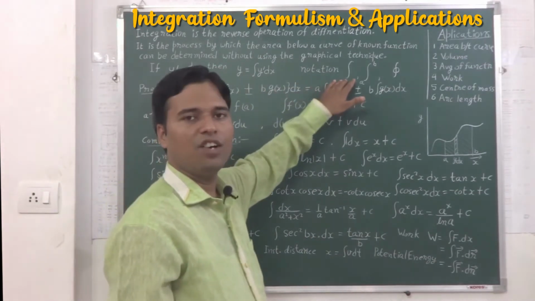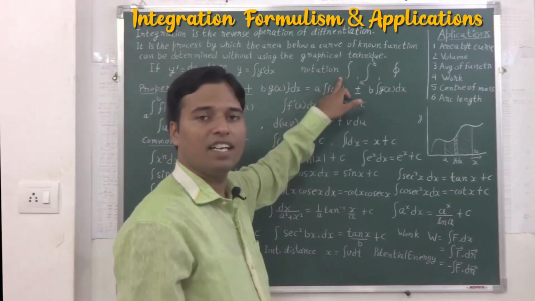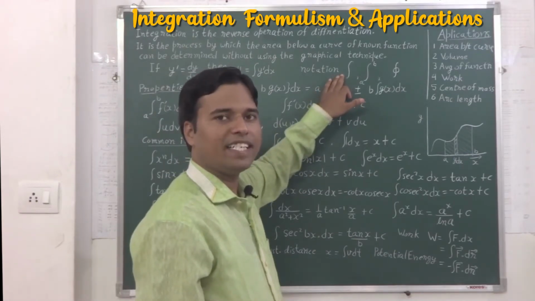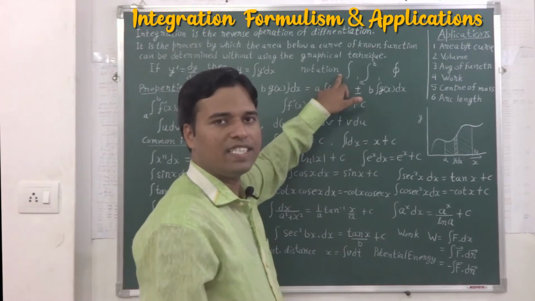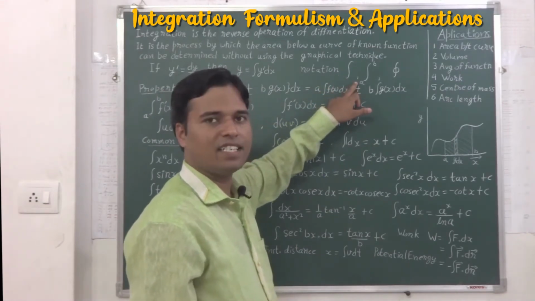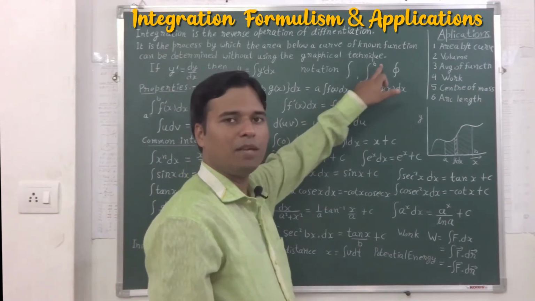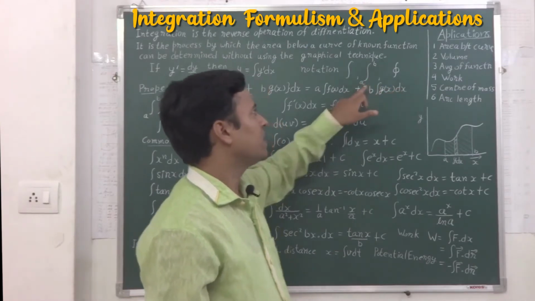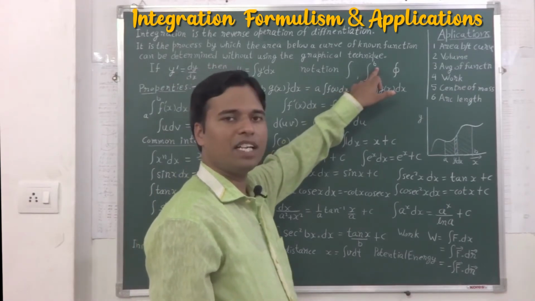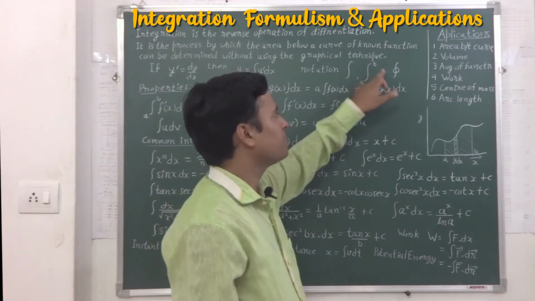The notation for integration is very similar to the capital English letter S. For an open integral, you use only this sign. For integration with limits, you use the limits below and above this sign. The lower limit is written at the lower part and the upper limit is written at the top part of this notation.